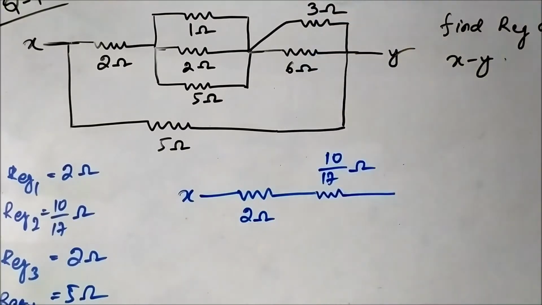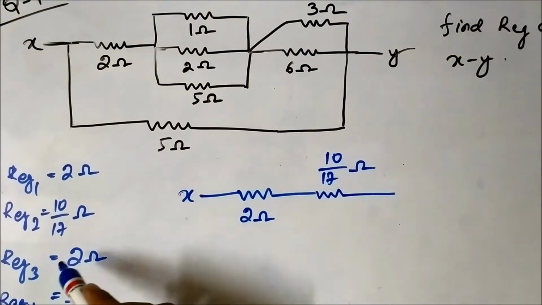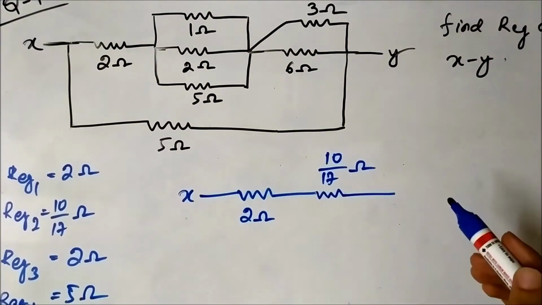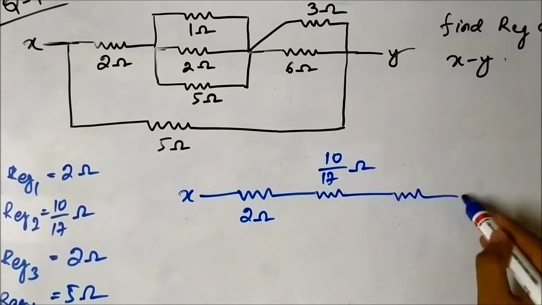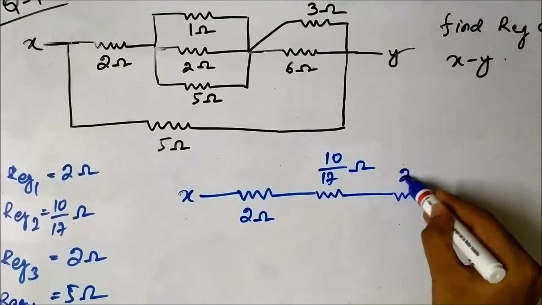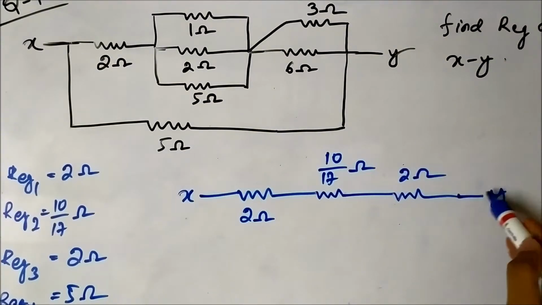Next, the 3 ohm and 6 ohm, we calculated their equivalent resistance as R equivalent 3, which is 2 ohm. Okay, sorry, R equivalent 1, that was 2 ohm, and this is Y.